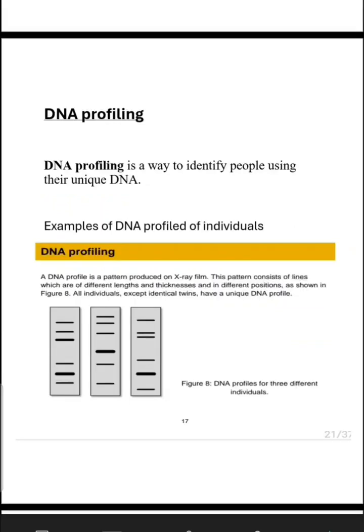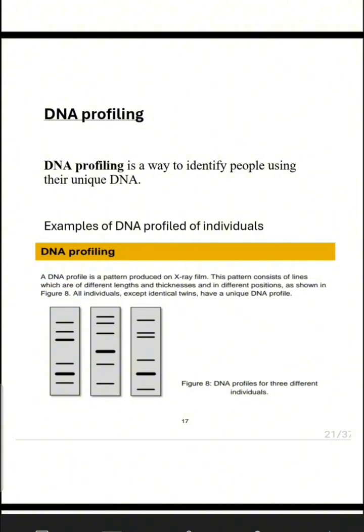An example would be getting a paternity test to identify if a certain person is your father or mother. They'll get your blood, then your father's blood, and then your mother's blood, and then they'll perform this DNA profiling to confirm the paternity.